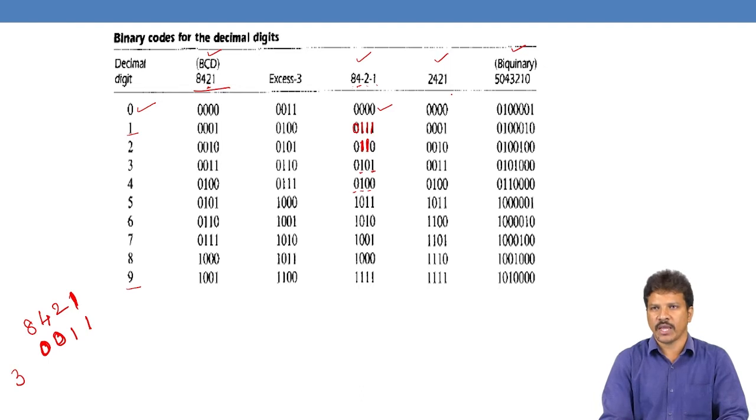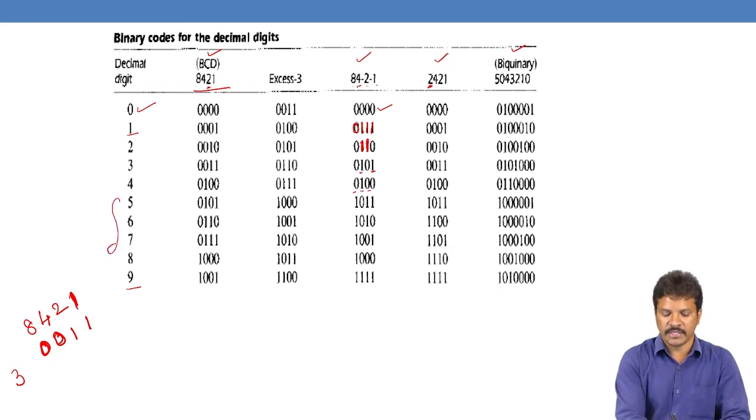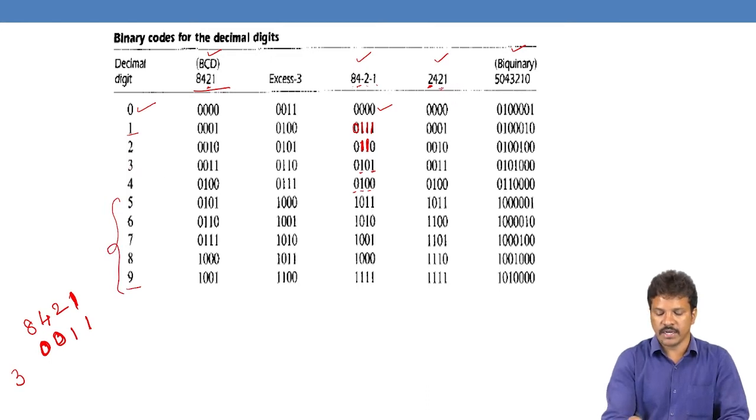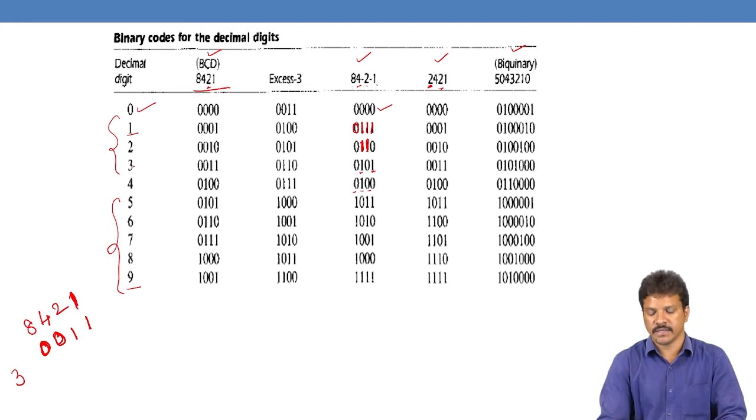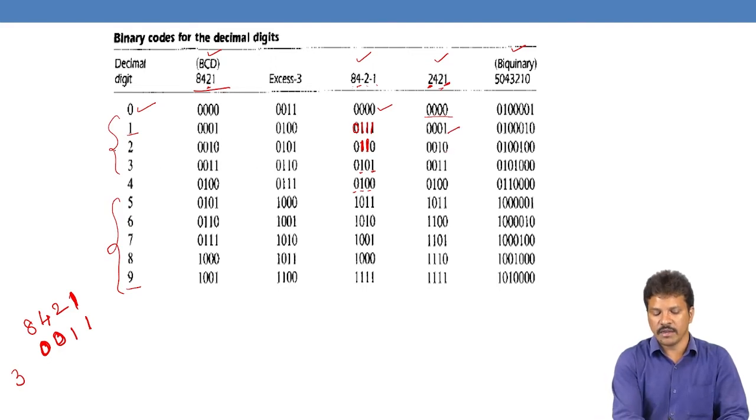Here 2 occurs two times, but we take the left side, the MSB bit 2, considered for upper digits, and this lower 2 considered for lower digits. 0 can be represented in all cases as all 4 zeros. 1 is directly available, so 0001, and 2 is also available, but which 2 you choose means, the first 5 digits can be represented by considering the second 2, and the next 5 bits considered to make the number with this 2.